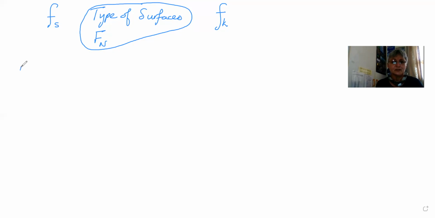In the first set of examples in this video, we are going to have an object placed on a flat surface. The first scenario is that the object is placed on a flat surface and there is no applied force.